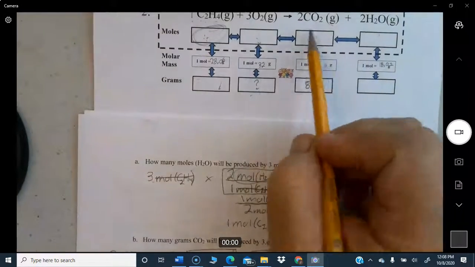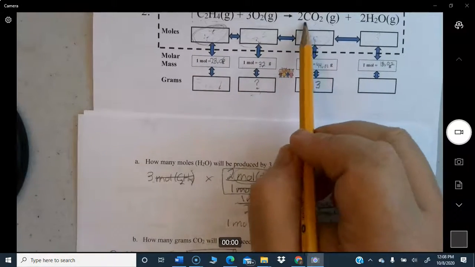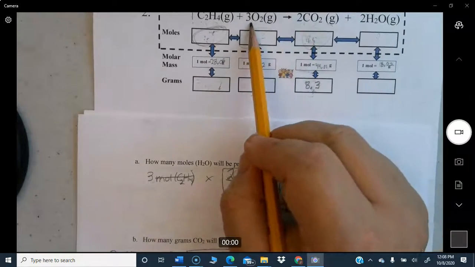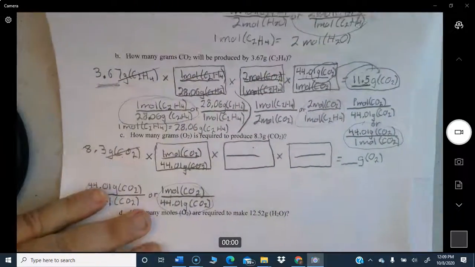Next one, now we're inside the chemical equation. We need to get over to here, for oxygen, right there. So it's 2 CO2s for every 3 O2s. So you just write it exactly as you see that.